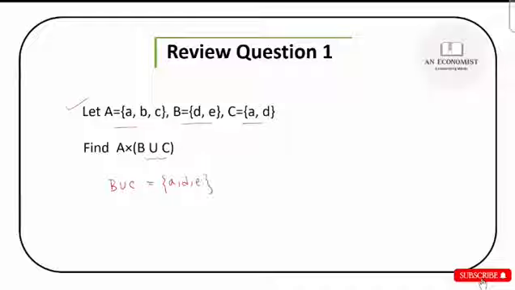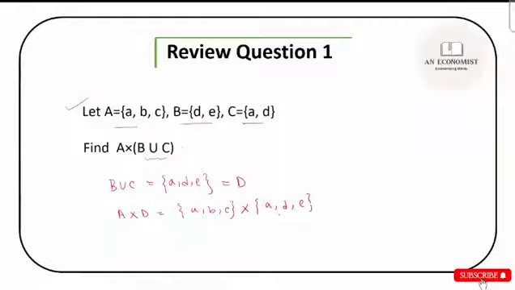Suppose we name it D. Now we need to find the Cartesian product of A and D. So it is {A, B, C} cross {A, D, E}.